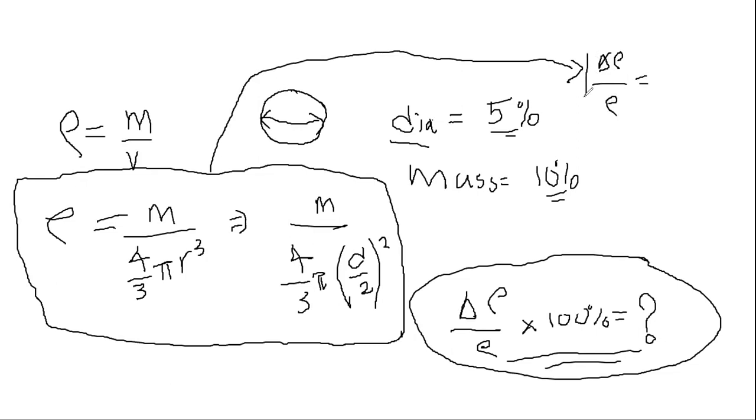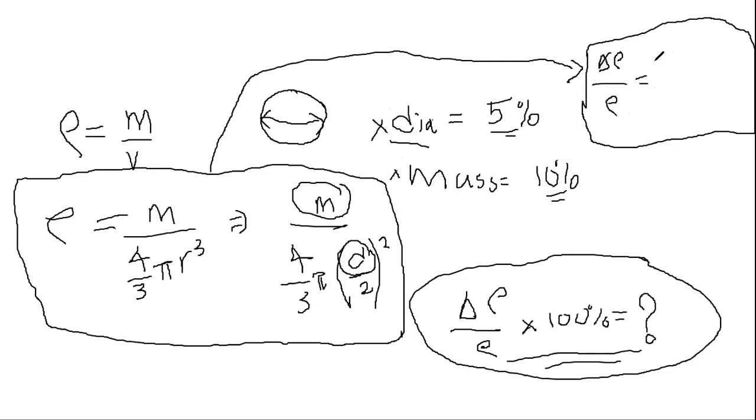Anyone? In terms of diameter and mass. Mass is here, diameter is here. So changes of rho equals to changes of mass over mass.